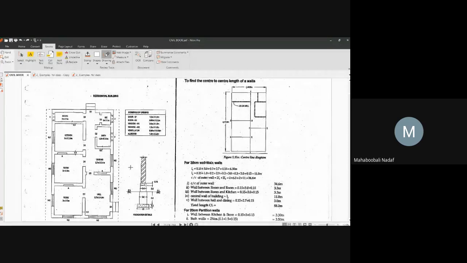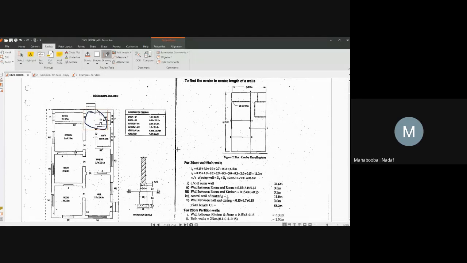Very important: when you are given a problem where 30 centimeter walls are also there and 20 centimeter walls are also there, what point should you remember? Just now in the previous case I have told. You have to calculate separately, sir. Separately, you have to calculate center to center lengths for the 30 centimeter wall and for the 20 centimeter wall.